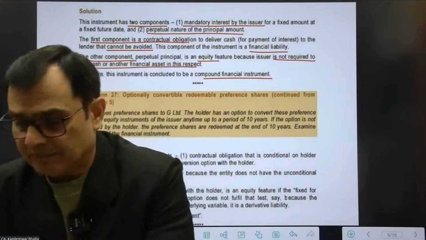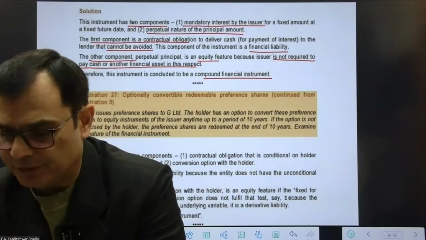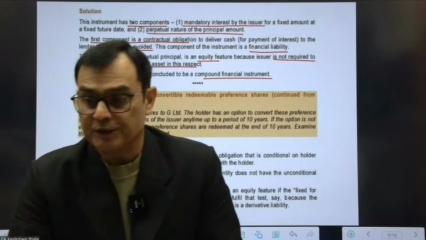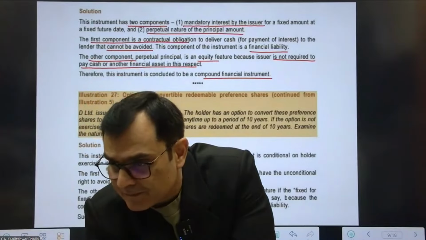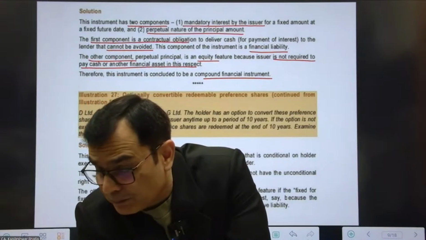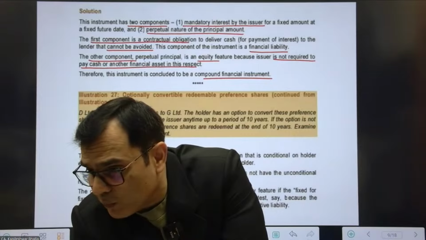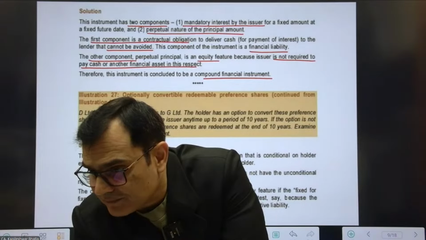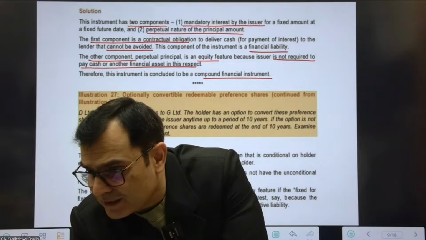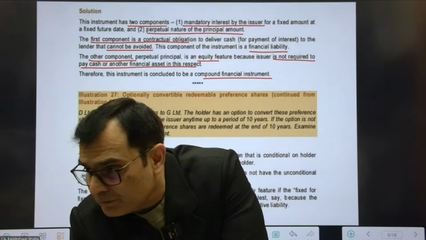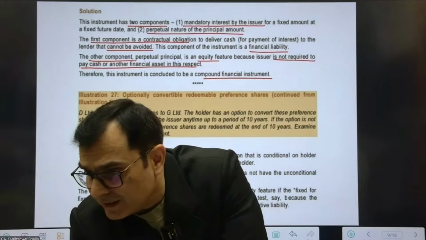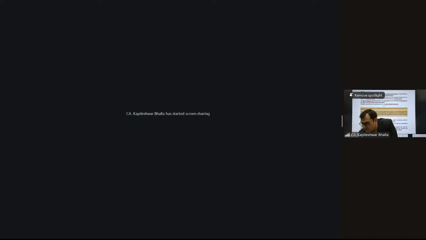I will not be able to share it on the board, but I'll share it on the screen so that you can have the idea of what is given in the appendix to Ind AS 32. So that's a wonderful illustration, and I think I'll definitely like to show you that. I'm sharing that on the screen, and you can have a look at this.